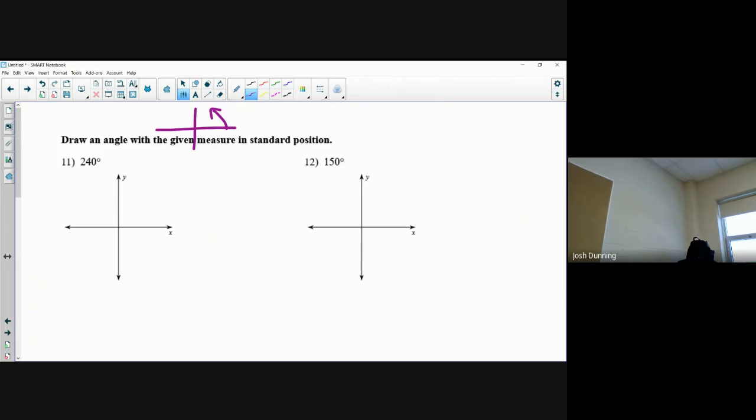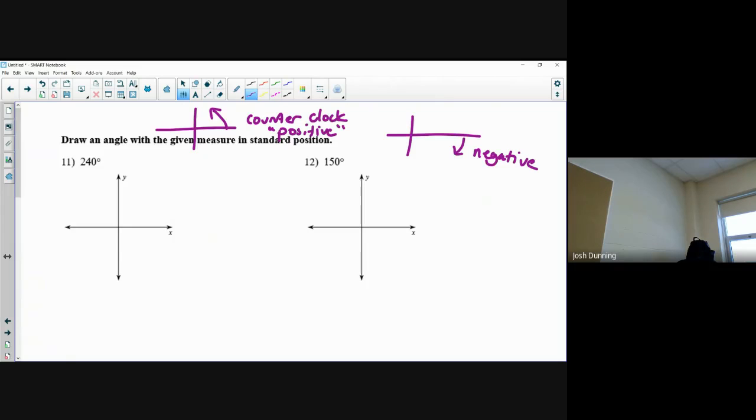That's actually counterclockwise for positive angles. If you go the other way, if you go clockwise, that's for negative angles.